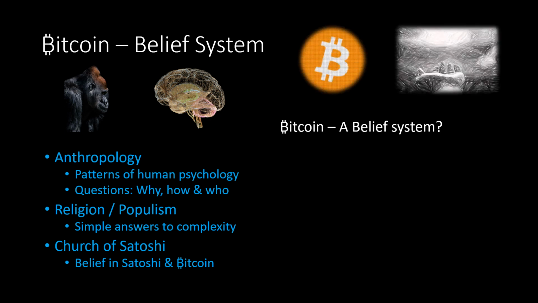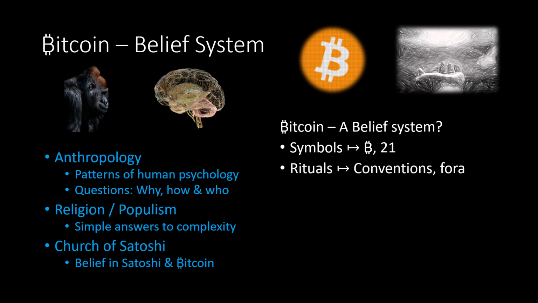So what are the features of Bitcoin as a belief system? Well, all the ingredients of belief systems are somewhat symbols. In Bitcoin, we have the ticker symbol and maybe the number 21, which is kind of preached in many conventions and so on.